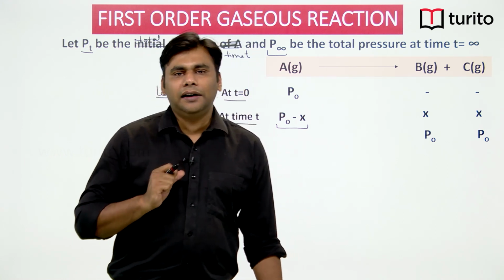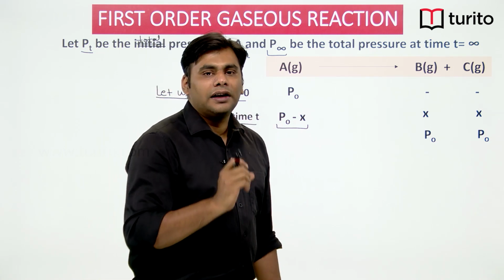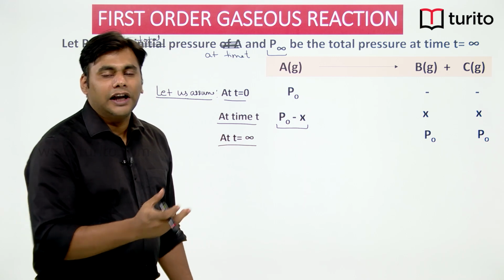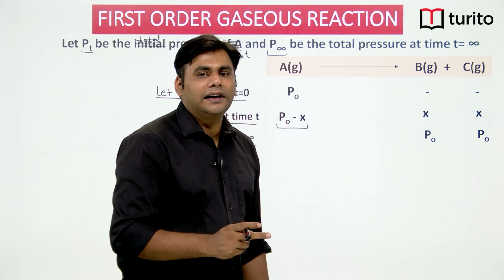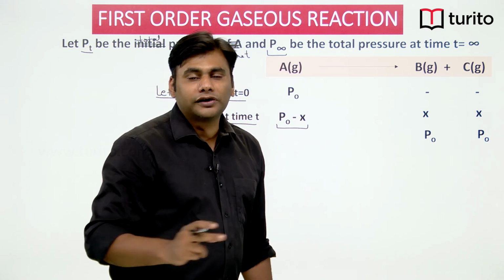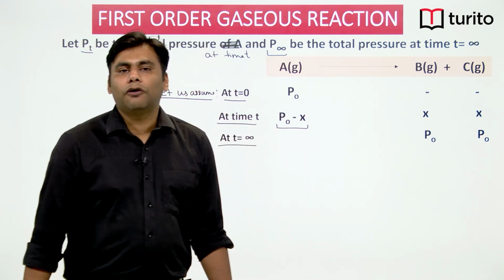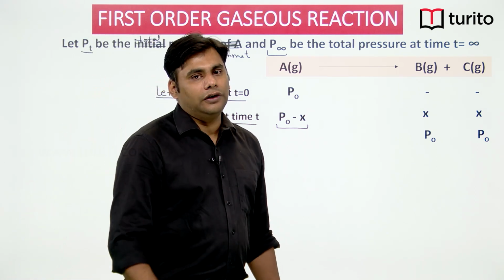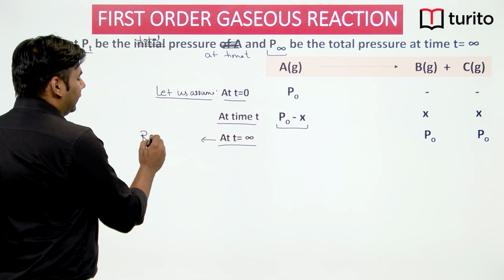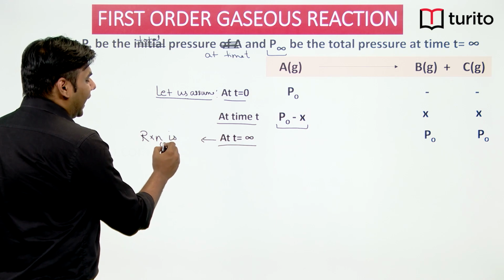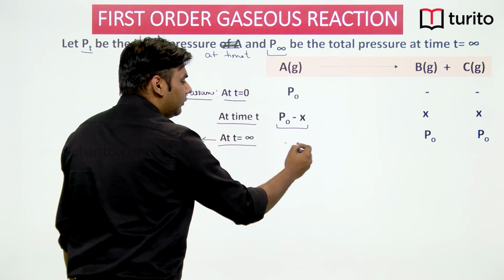So the decay of a reactant in a first order reaction is exponential, and the concentration of reactant decreases exponentially. Because of this, its concentration would fall to 0 at time t equals infinity. So at time t equals infinity, we will say that the reaction is complete, that means the complete reactant has reacted. So this will become 0.